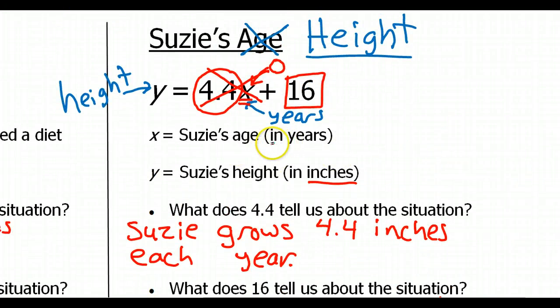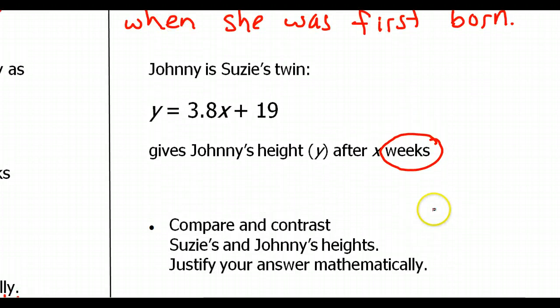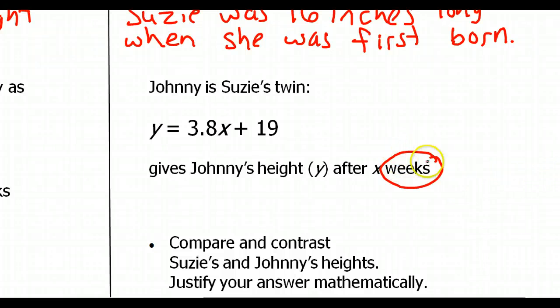This is Susie's age in years, but this is Johnny's height in weeks. Anyway, I'll have to be careful about the units and the comparison. That's a little bit odd that they're doing it that way. That might even be a mistake.